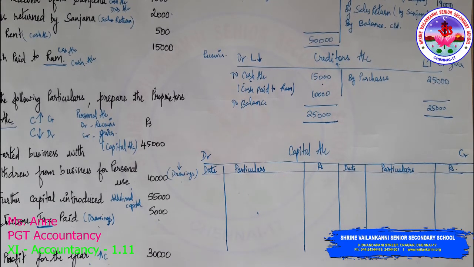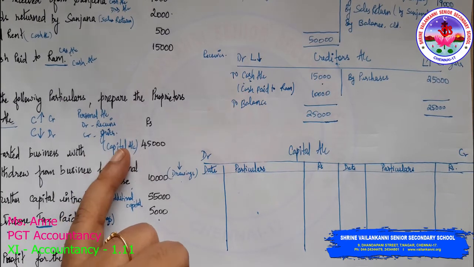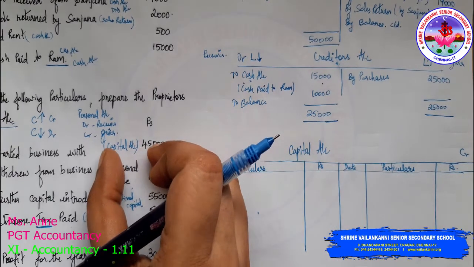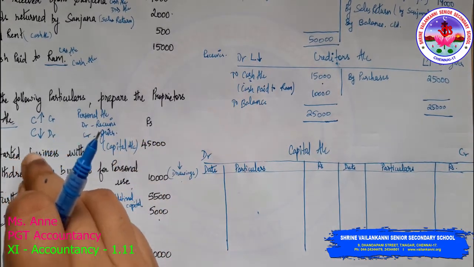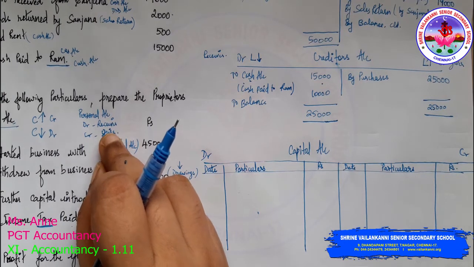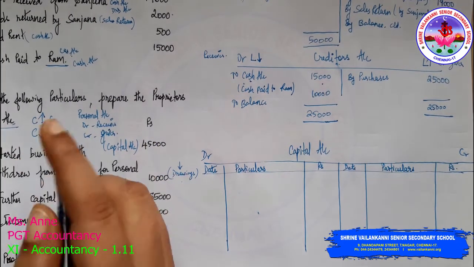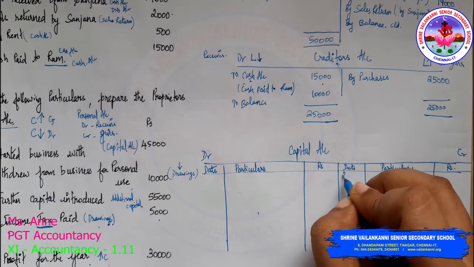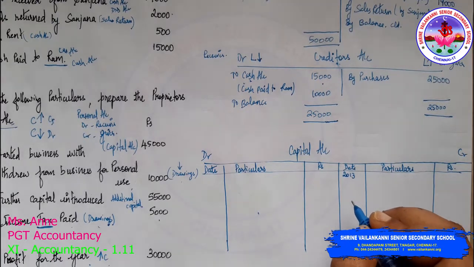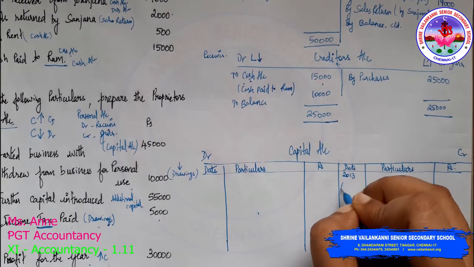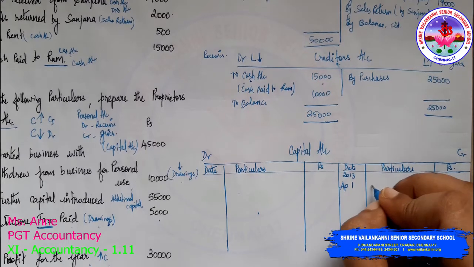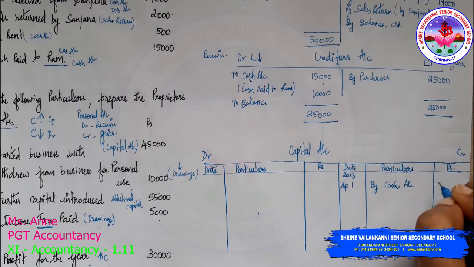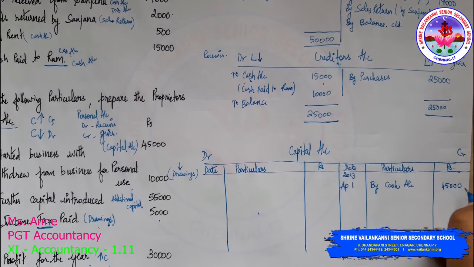So first one, started business with capital. So capital, what is it here? The owner is a giver, or capital is increasing, so it has to be credited. So we will write 2013. You have to write the date, April 1, by cash account 45,000.